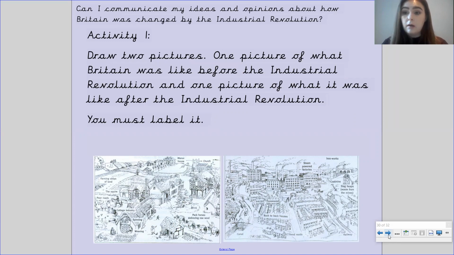So you've got things like factories, lots of roads, lots of houses, and things like that. Now, please, please, please, you must label it. So if you've got a factory drawn, like here, you draw a line off it and write factory. And you must do that for both pictures. So pause the video here if you are going to be completing activity number 1.